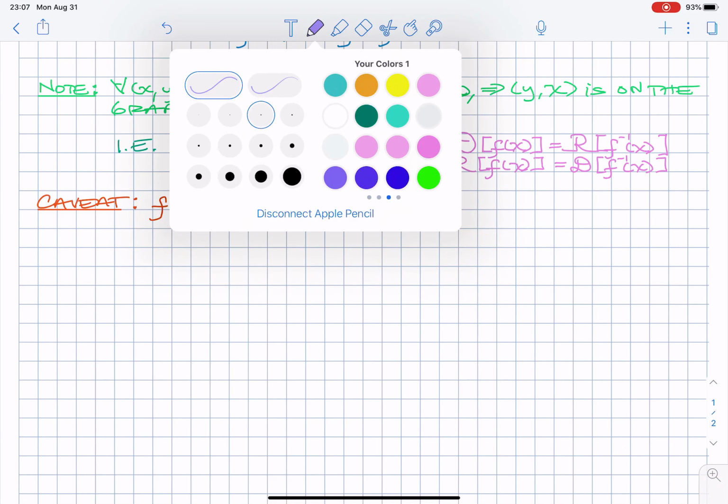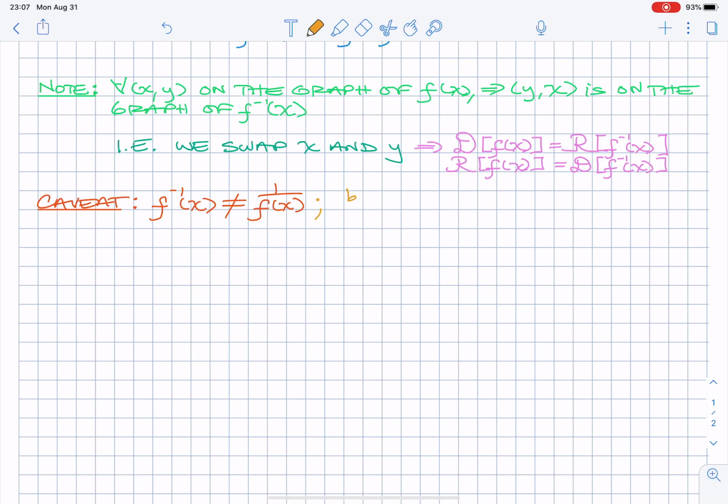And this is because f of x is not a variable. So that -1 does not mean 1 over, as it would for x to the negative first power.